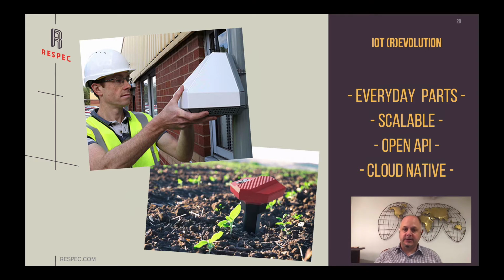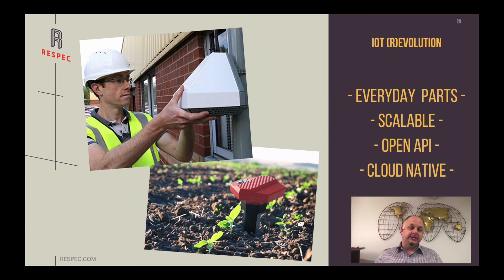The device that you see here being installed on the window is an air quality monitoring device, which we'll actually learn a little bit more about here in a moment. But that has a web accessible programming interface that you can use to modify the settings of the device, and then also retrieve the data from these devices.